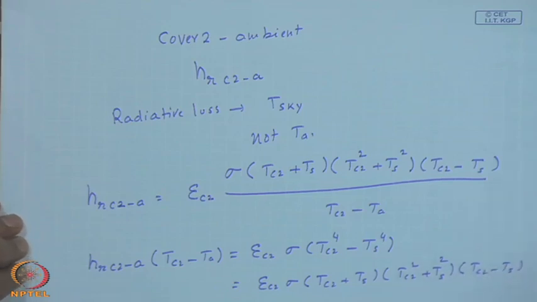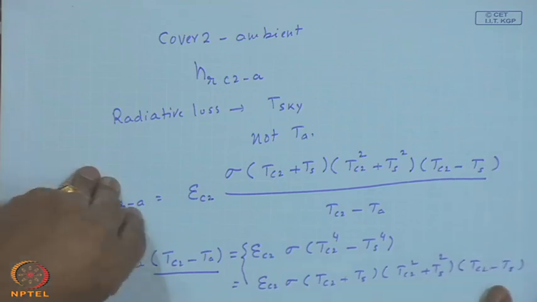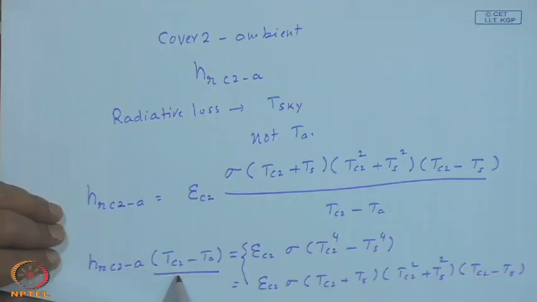So, this is artificially written as if HRC2A is multiplied by Tc2 minus Ta, it will give me the actual radiative loss from Tc2 to T sky. So, that in my overall heat loss coefficient, this is based with reference to a temperature above the ambient temperature T a.